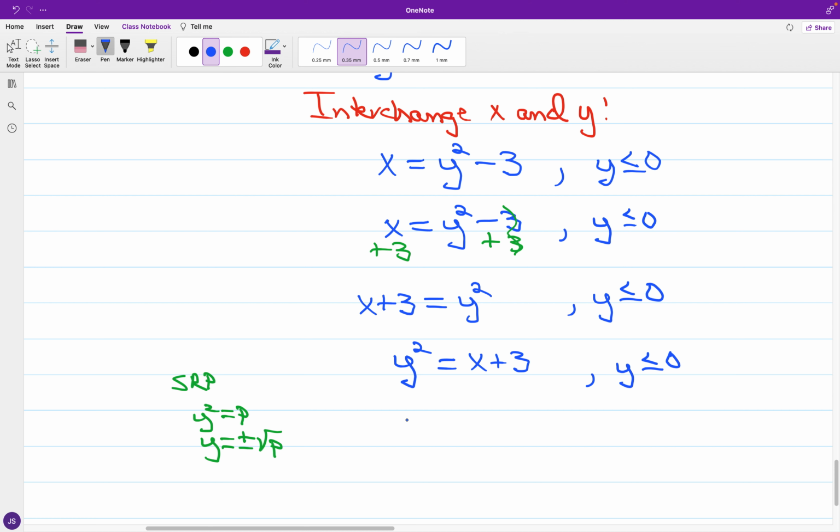Here we're going from y squared to y, and p is not just a single number or letter, but the binomial x plus 3. So you have y is equal to plus or minus the square root of x plus 3, and it's going to duplicate what I have here.